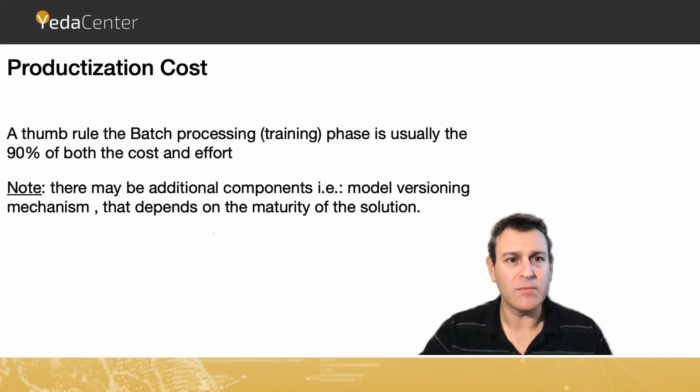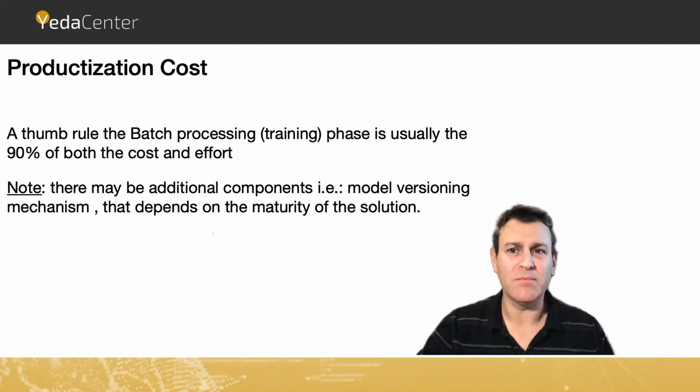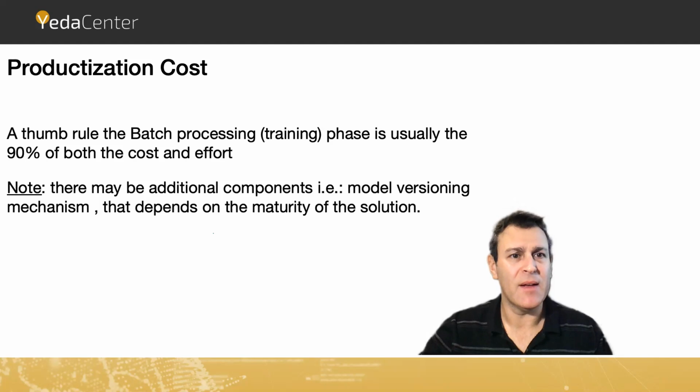So note that in these cases, you might be able to reduce the cost and try to see how you can save on the training phase rather than on the real-time inference phase.